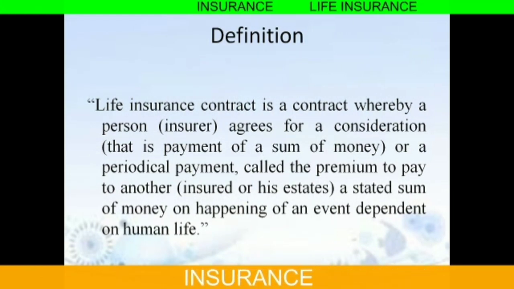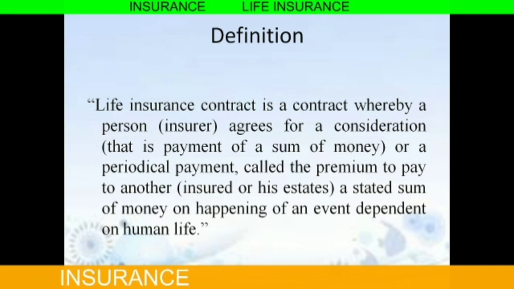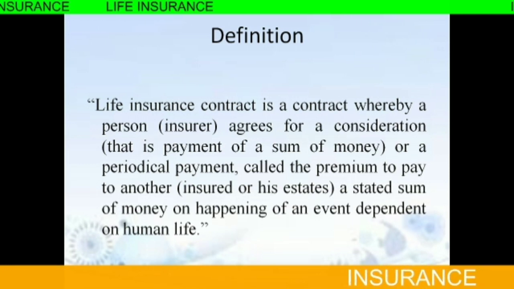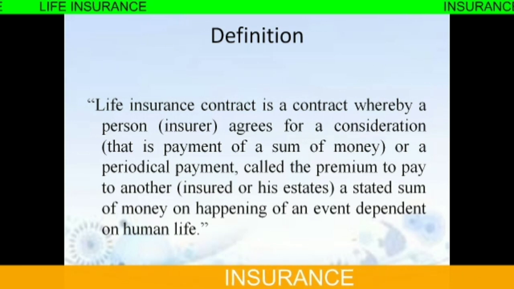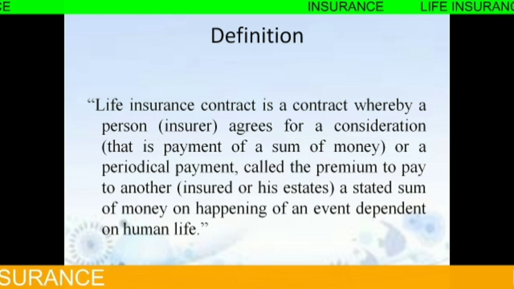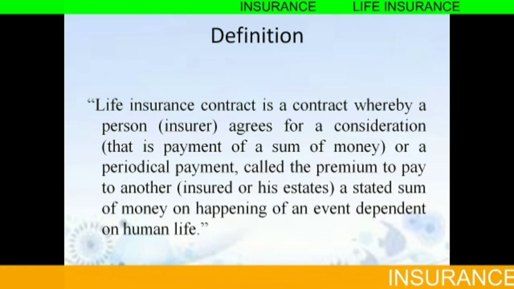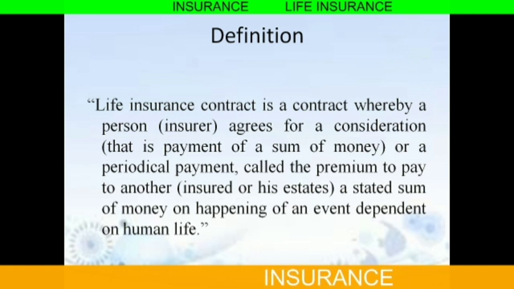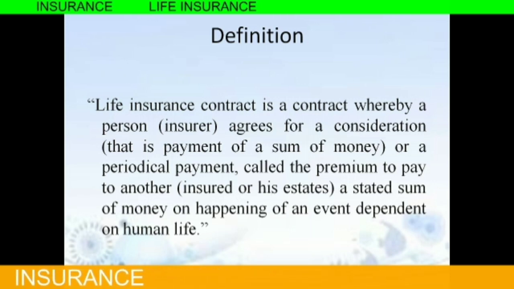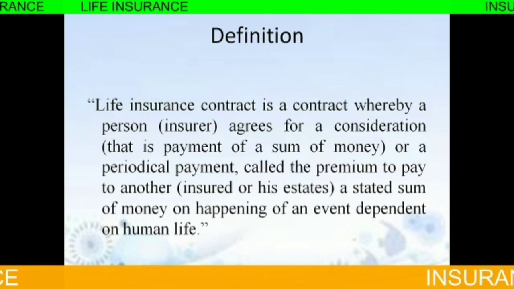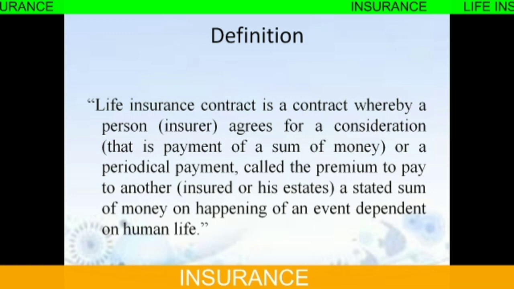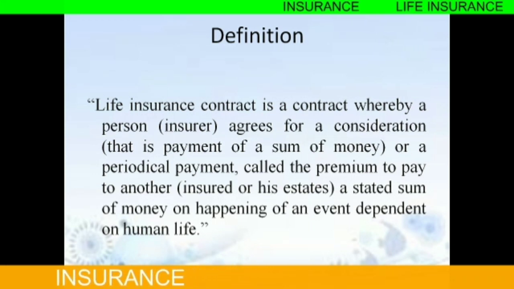The definition of life insurance is a contract whereby a person called the insurer agrees, for a consideration, that is the payment of a sum of money, or it is paid in periodical payments as installments, and it is called premium, to pay to another, the insured or his estate, the stated sum of money on the happening of an event depending on human life.